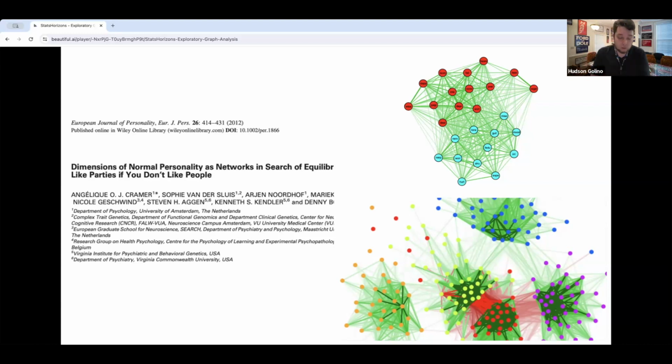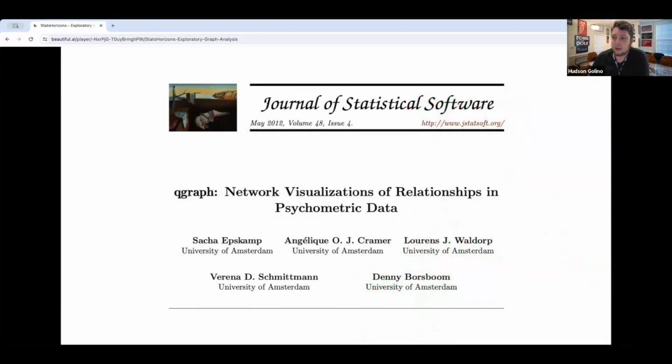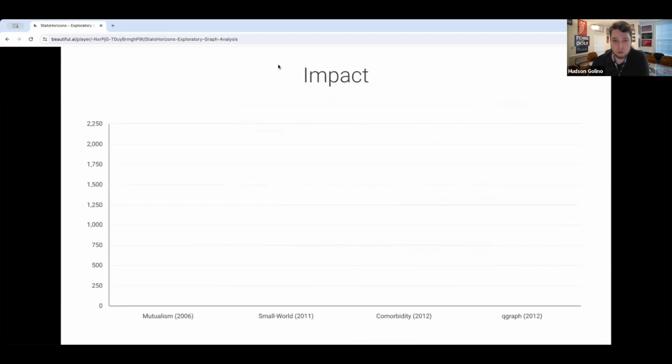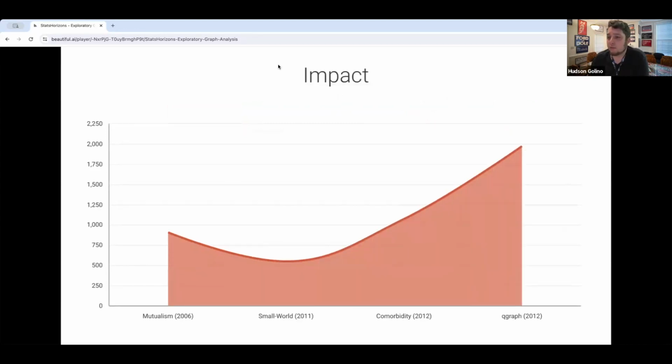So in 2012, they published a paper, also led by Angelique Kramer, on personality as networks in search of equilibrium. And then they started to implement network models to analyze psychology data. And they developed this package, the QGraph package. And after the publication of the QGraph package, really things exploded in terms of usage and popularity.